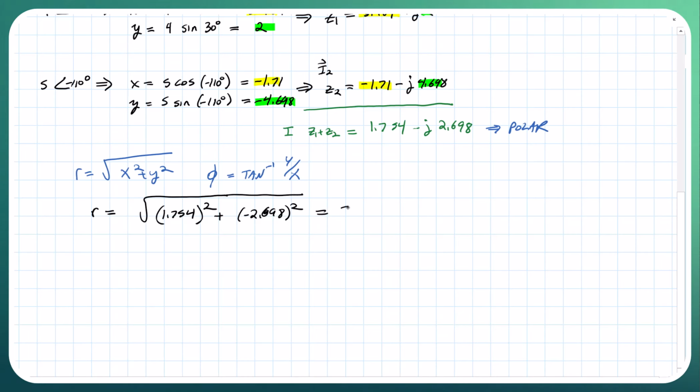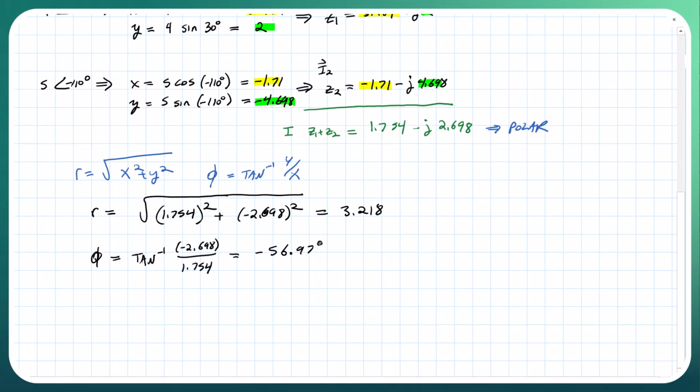We compute that, we get 3.218, and then our angle phi is going to equal the tangent inverse of y over x, which is minus 2.698 over 1.754. We compute that, we get minus 56.97 degrees.